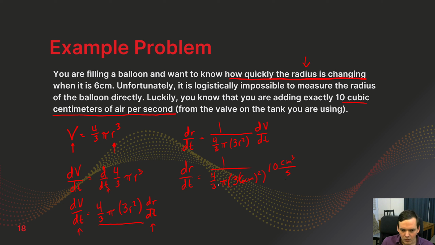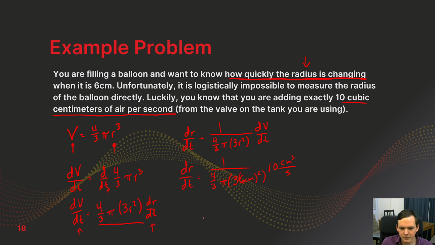If you do all this math out and work out your units, I'll leave that as an exercise for you. You should see that you get about 0.044 centimeters per second.